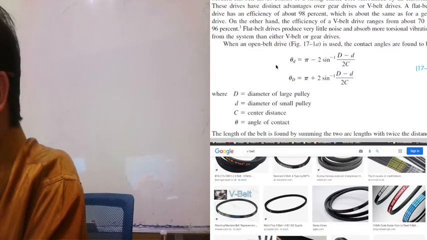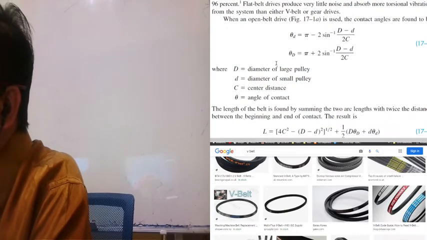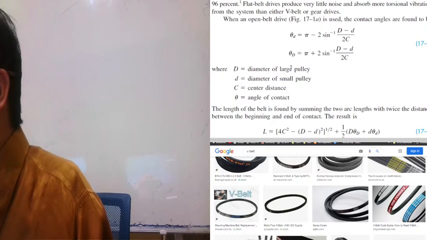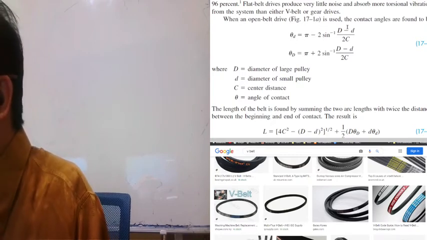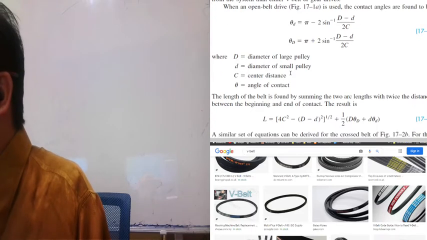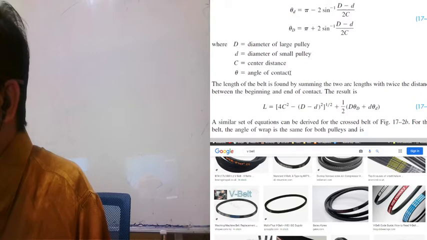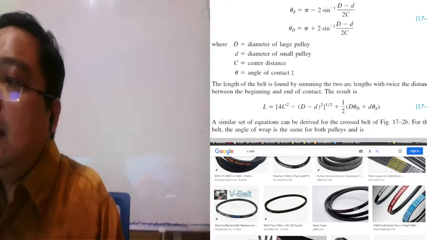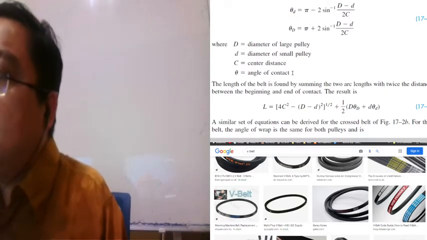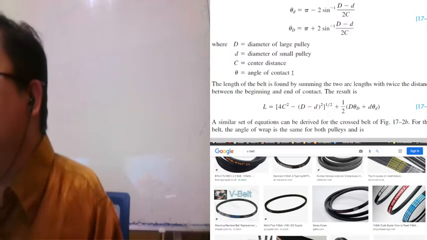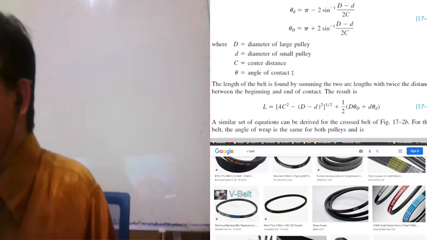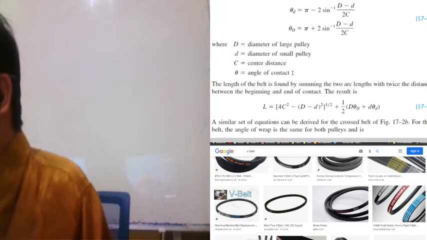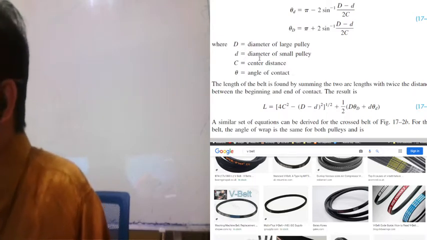So let's see the equation. Theta D equals pi minus 2 sin to the power negative 1 of (D minus d) over 2C. Always repeat the full name of the variables: D is the diameter of the large pulley, small d is the diameter of the small pulley, C is the center distance, and theta is the angle of contact.